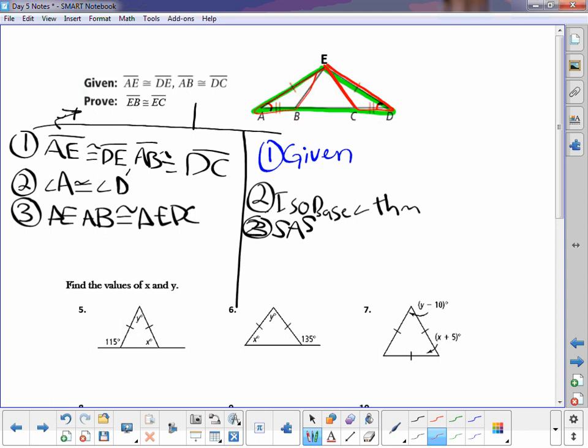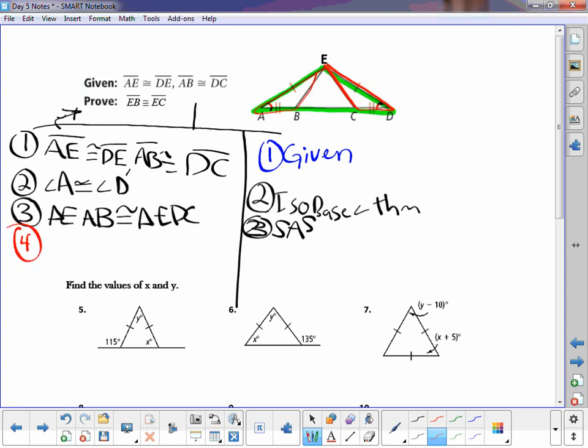Go ahead and show me your thumbs again. Do you agree, disagree? Awesome. Very good. So we have side, angle, side on both of these, so those two triangles are congruent. Awesome. Okay. So now step 4.